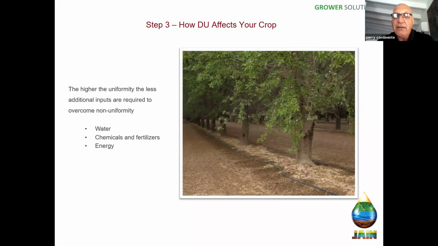And I think the best thing that we can do as designers is to give you a robust system, easy to operate, with a high distribution uniformity, with a chemical injection strategy, and that's very energy efficient. And energy efficiency, as you'll see in a few slides coming up, is really a consideration that we probably don't consider enough.